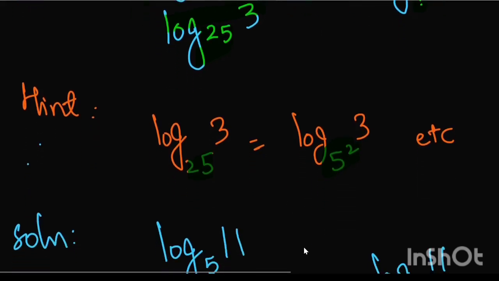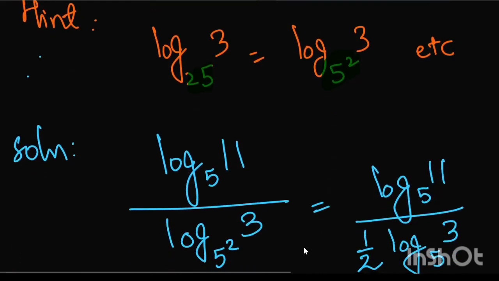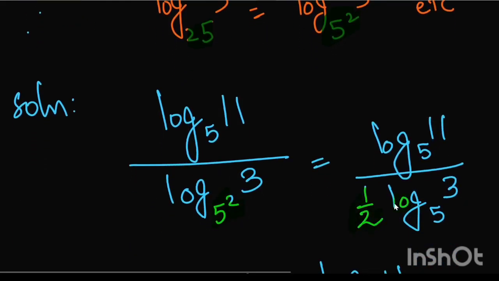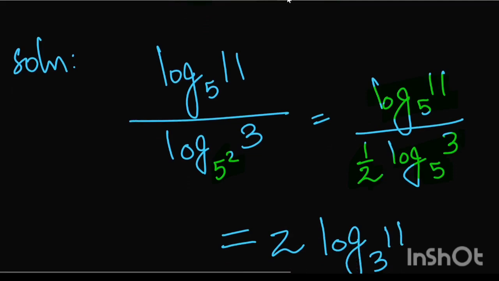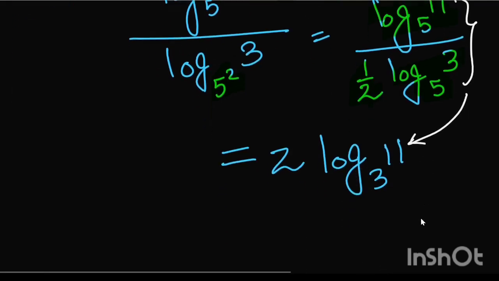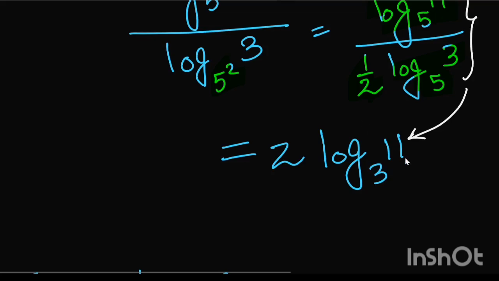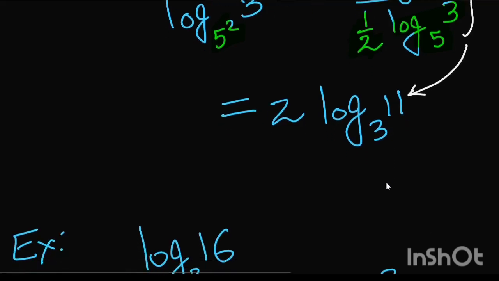In the solution we will do the same, writing 5 square as 1 by 2 log 3 base 5 using the property, the numerator as it is. The numerator upon the denominator is the current property, log 11 base 3. So the answer is log 11 base 3.